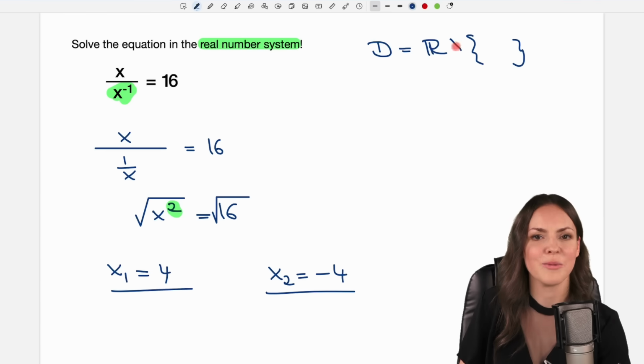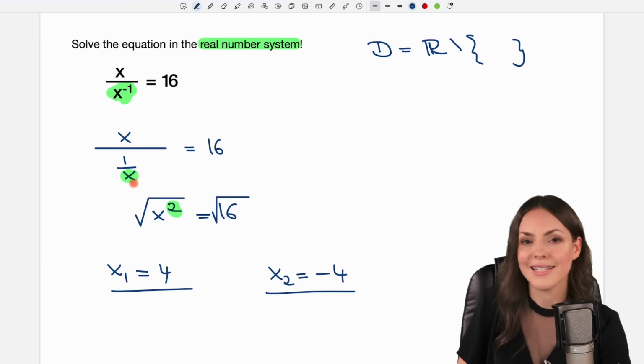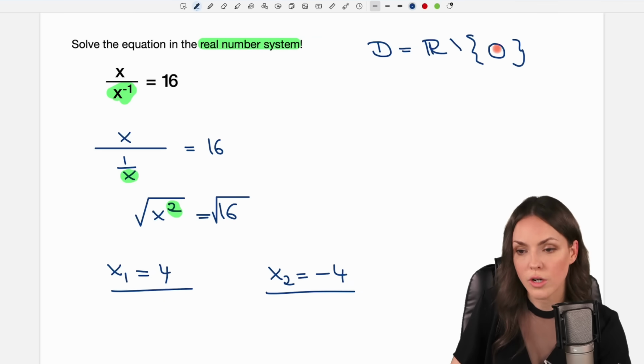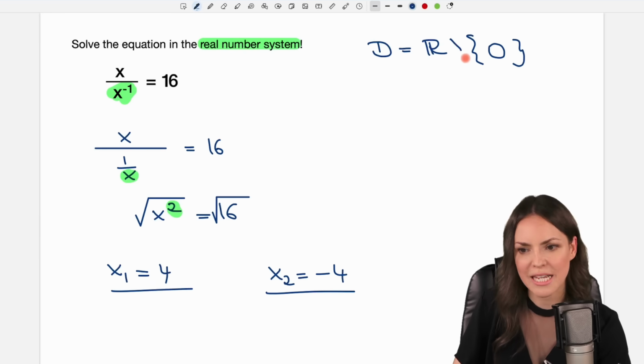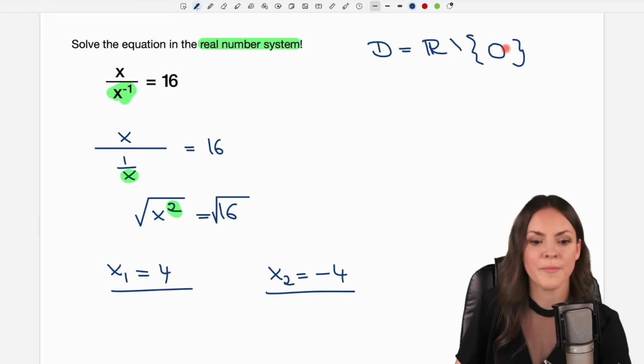So could it happen that we divide by 0 here? We can see that we have x here in the denominator. We are not allowed to divide by 0, so x itself is not allowed to be equal to 0, so 0 is not in my domain. I'm not allowed to insert it for my x.